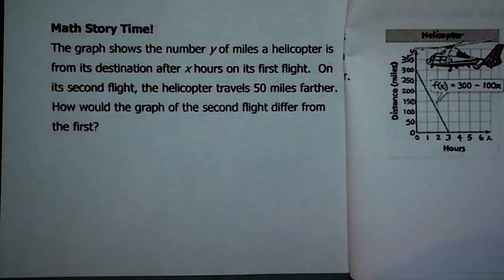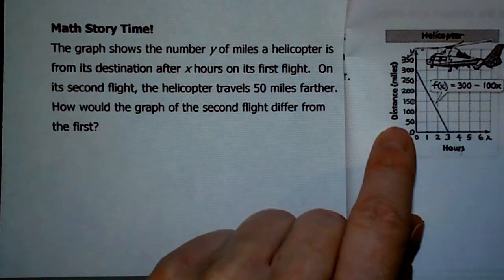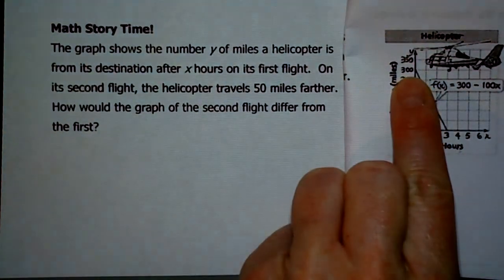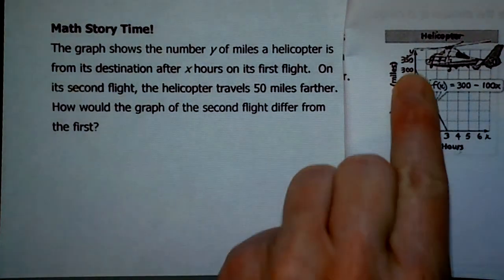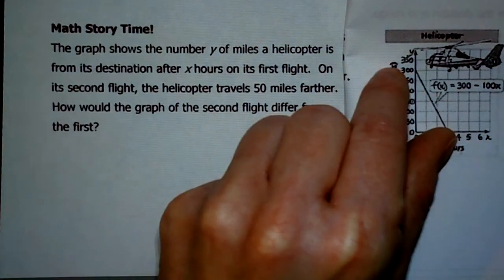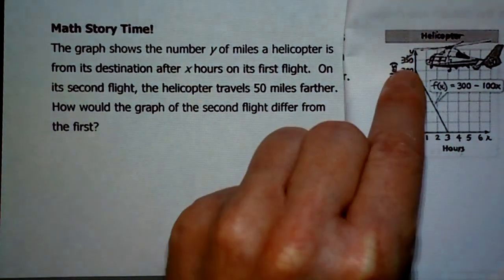How would that second graph differ from this one? So this is the distance, right? If I'm traveling 50 miles farther, this one started at 300. Wouldn't that mean that I would start at 350? But I'm going the same speed, right? So the slope is staying the same, but my y-intercept is going to be 350 instead of 300.